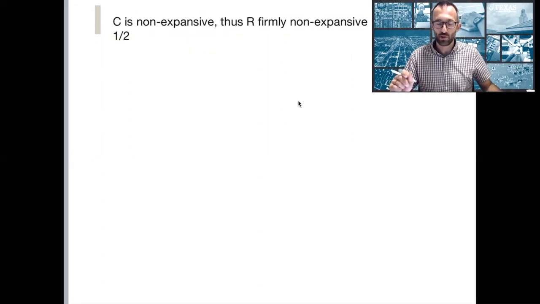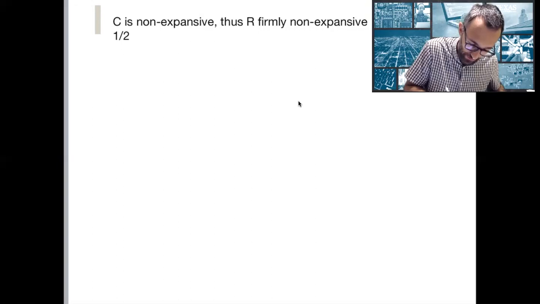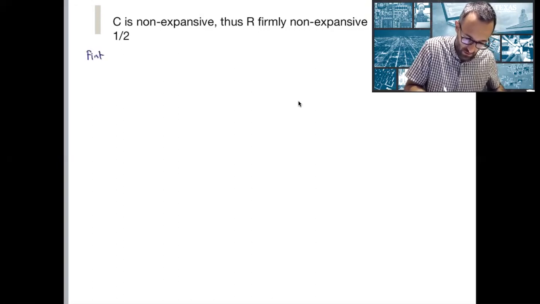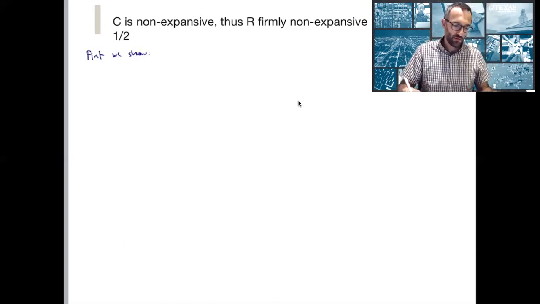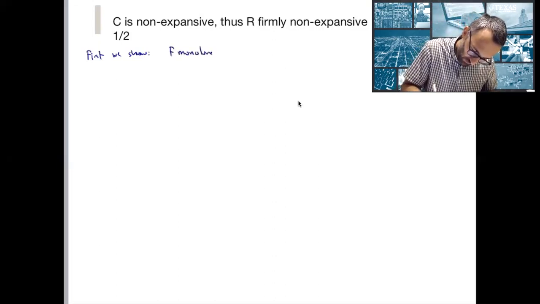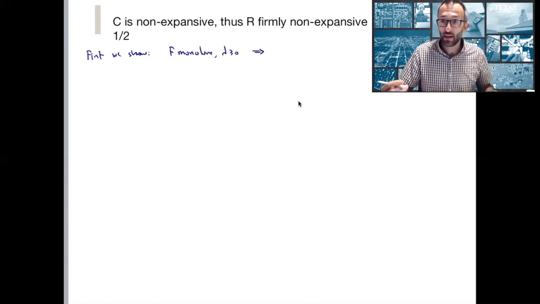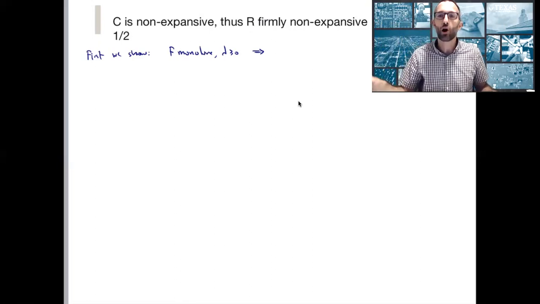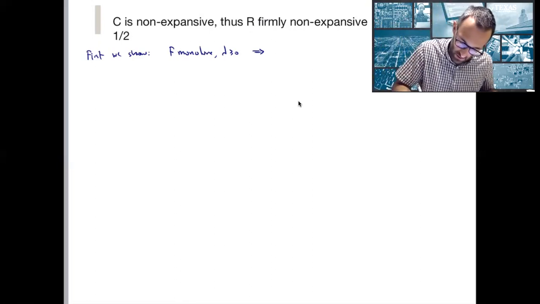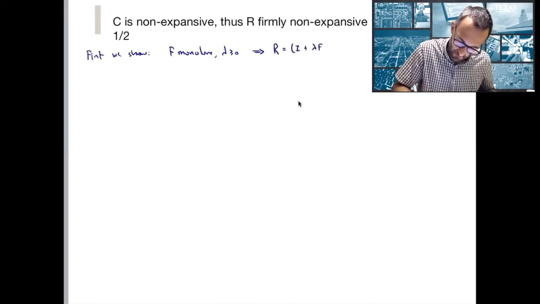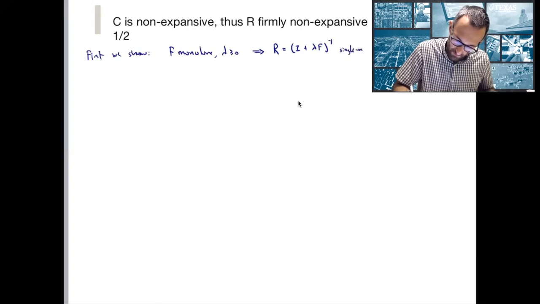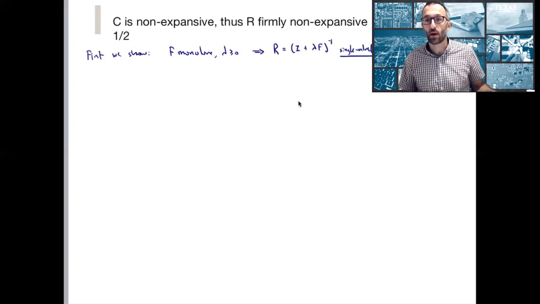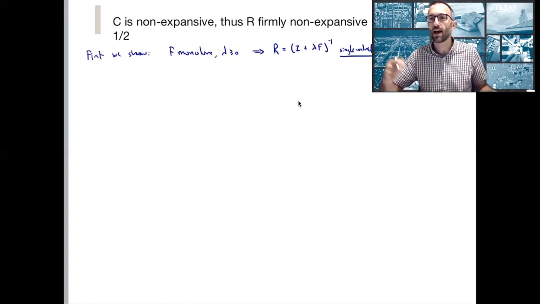First, we show that under the conditions, namely f monotone and lambda greater than or equal to 0, this implies that the resolvent operator, regardless of the status of f which could be multiple valued, in fact R will be single valued as an operator.